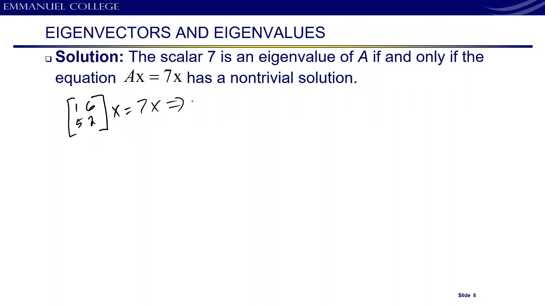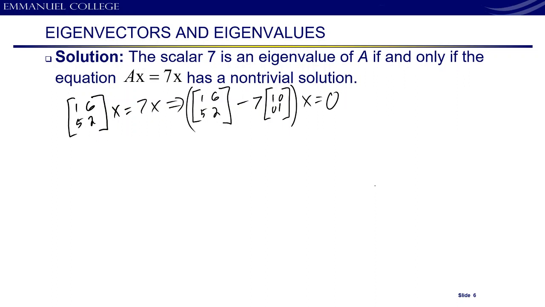Remember we said, what if I subtract it over? Then I get A, in parentheses, minus 7 times the identity matrix, times x, and that equals 0.